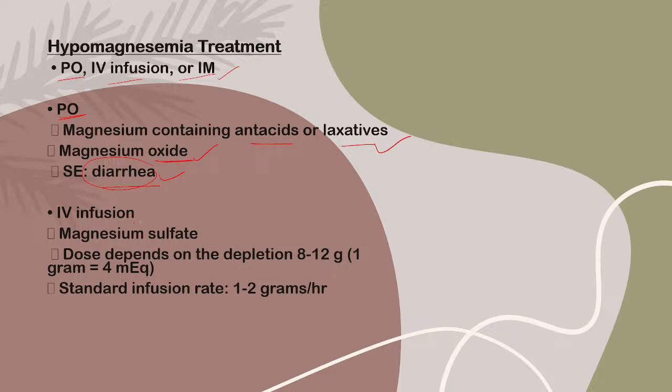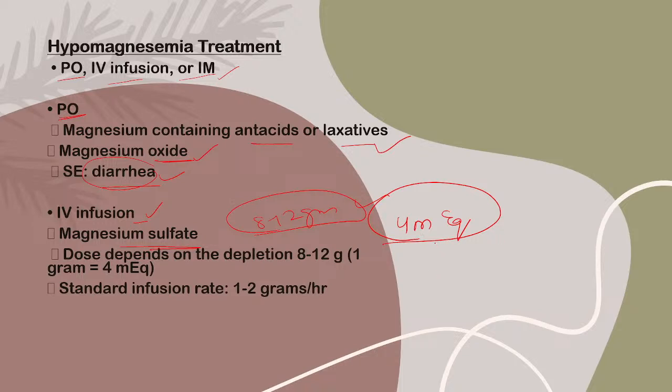And moving ahead towards the IV infusion, we will give magnesium sulfate, and dose actually depends upon the depletion. Usually 8 to 12 gram is given, but in clinical settings, in one dose, we usually prefer to give 1 to 2 gram of magnesium. 1 gram of magnesium has 4 milliequivalents.